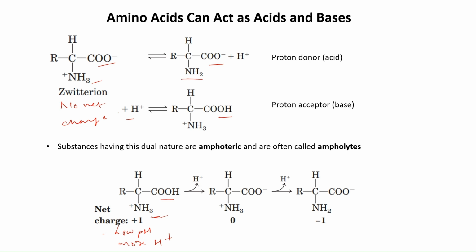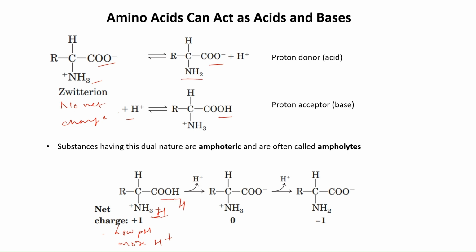Fully protonated means the COO has an H and the NH2 also has an H and so it became NH3 plus. So here one H is there, and here also one H is there. This form is known as the fully protonated form. So at low pH, where H plus is more, the predominant form of the amino acid is the fully protonated form.